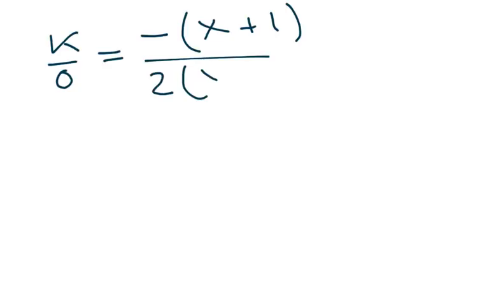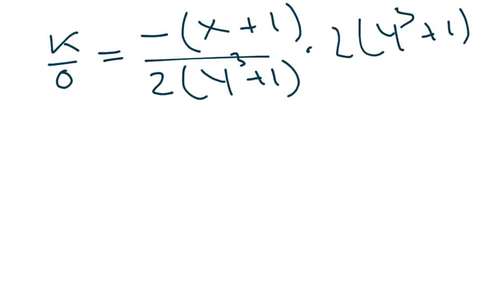Now you plug that in: k over 0 equals the derivative dy dx, which was negative x plus 1 over 2 times y cubed plus 1. To make the top value by itself, you have to multiply both sides by 2 times y cubed plus 1.